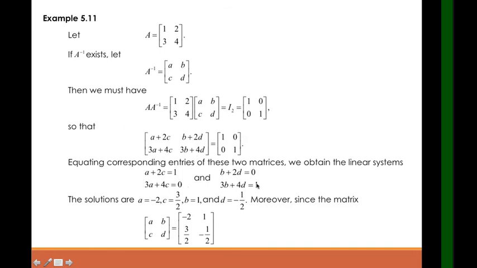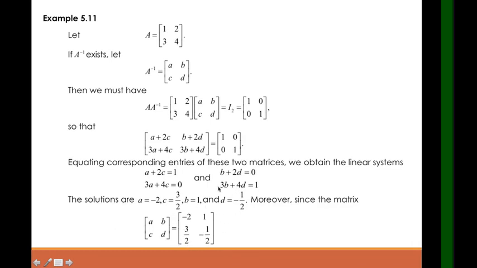Magiging linear system sila. And then, after that, isosolve natin sila using elimination method. Makukuha natin value ni A is negative 2, ni C is 3 over 2, and so on. And then, using these letters from the inverse of A, which is A raised to negative 1, kukunin natin yung kanilang value from here. So we have negative 2, 3 over 2, 1, negative 1 half.